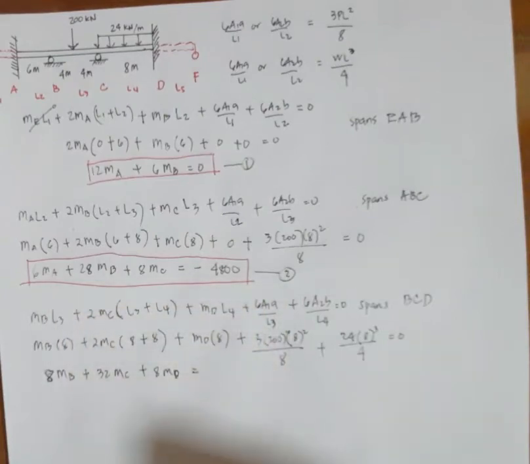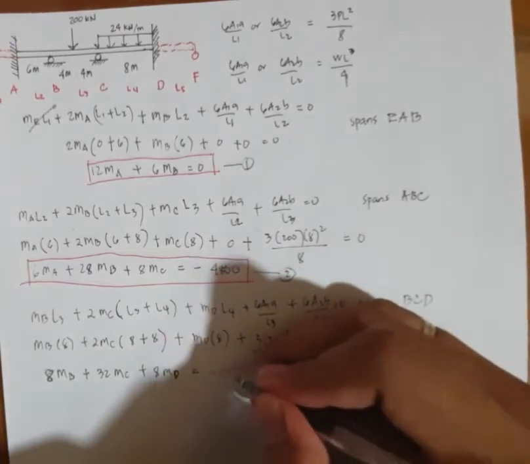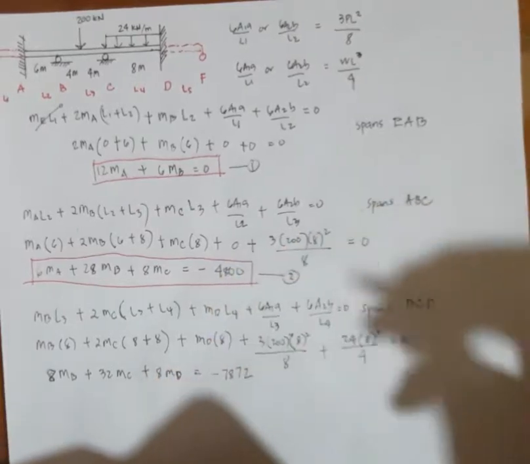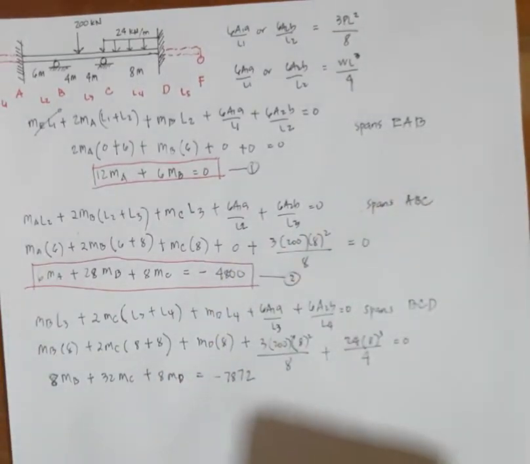So 3 times 200 times 8 squared over 8 plus 24 times 8 cubed over 4 equals negative 7872. Okay, let me check: 200 times 8 squared plus 24 times 8 cubed. Okay, correct.